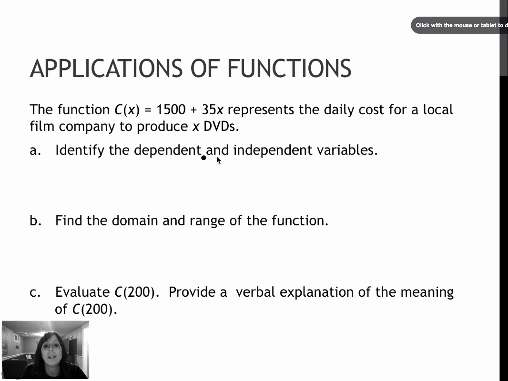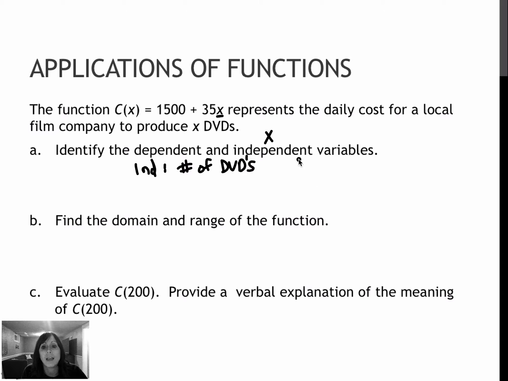So the dependent and independent variables, the independent variable is always going to be our X value or our input value. So in this question, they tell us that X represents the number of DVDs. So the independent variable, which of course would be X, would be the number of DVDs. Independent is always X because the Y value or the C of X value is going to depend on how many DVDs we produce.